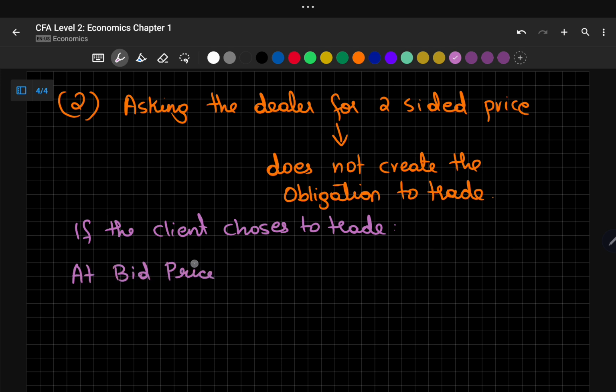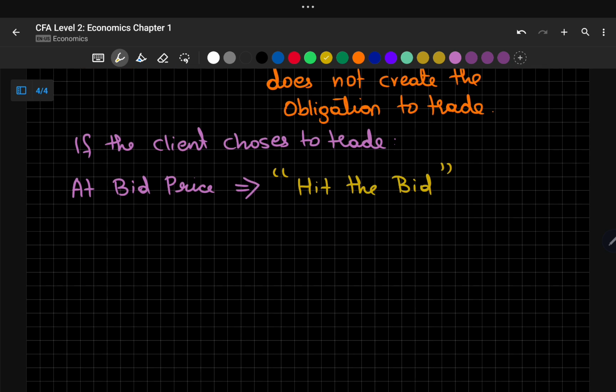now if the client chooses to trade at bid price, then it is usually called client has hit the bid.